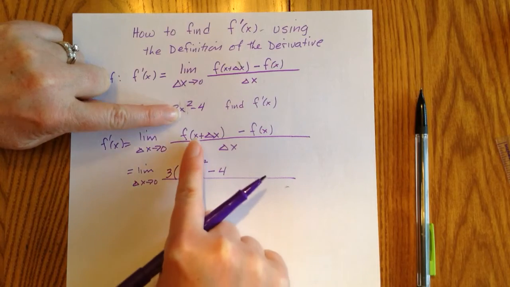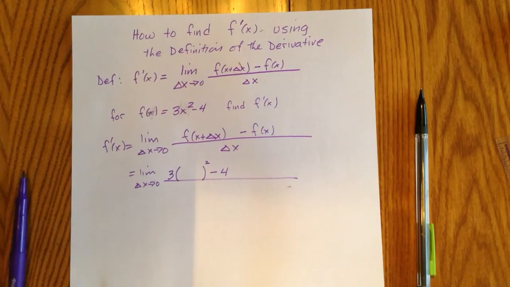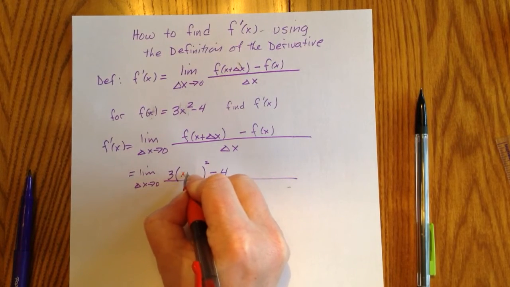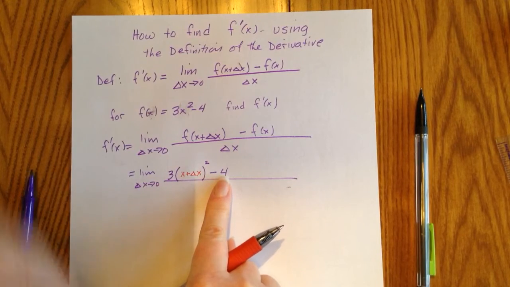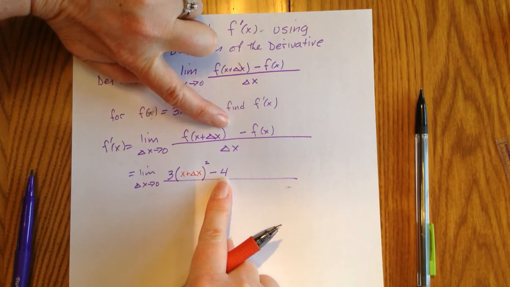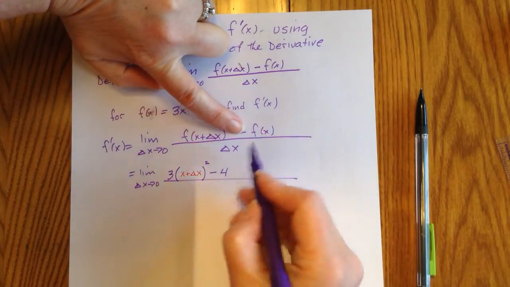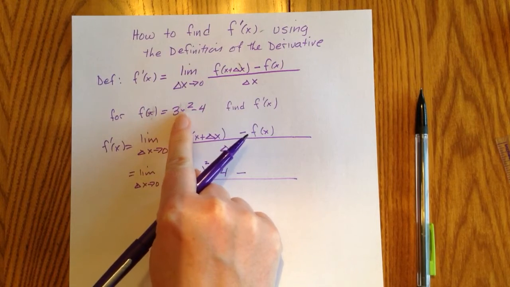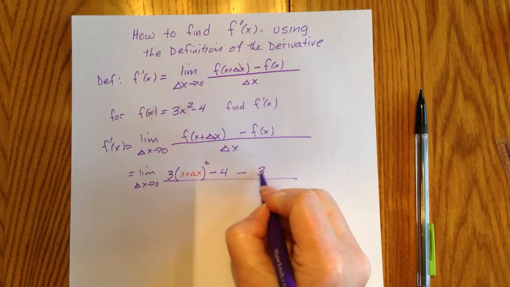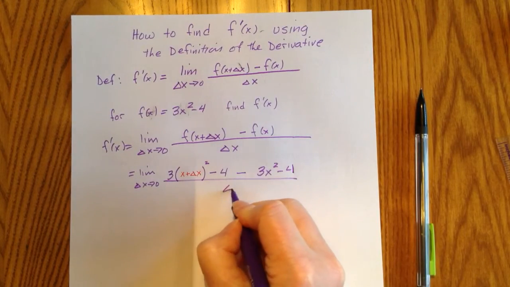In the place of the x, we will put x plus delta x. x and a little bit more. So that gets me to this parenthesis. Then it says minus the original function. So here's my minus, and here comes the original function, 3x squared minus 4, all over delta x.